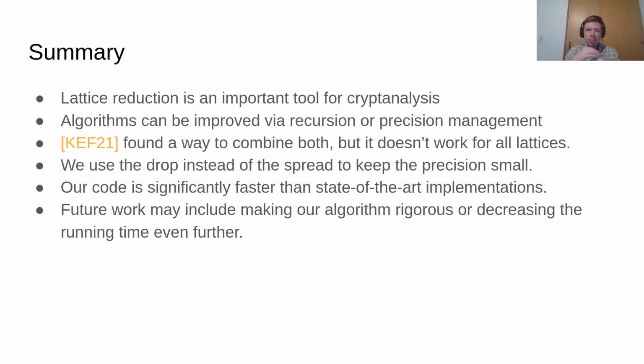The paper from 2021 found a way to combine them, but it only works for a small subset of the lattices that we care about. So we extended that algorithm and re-analyzed our implementation, and our algorithm is significantly faster than existing implementations, and significantly faster than what you'll find in Sage for lattices that have either large dimension or large entries. And we conjecture some future work about how we can make this algorithm even faster than it is now.